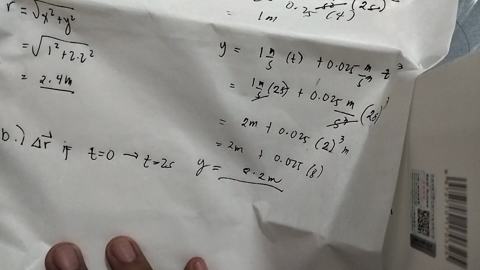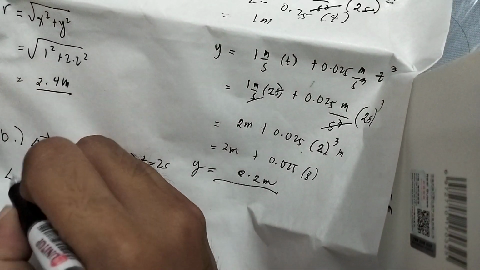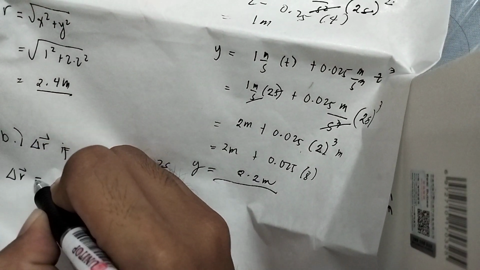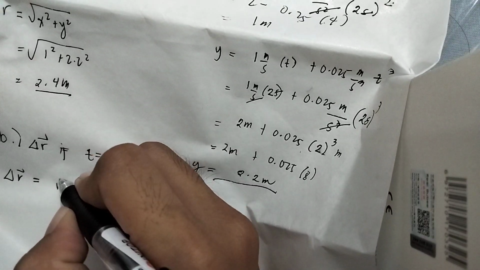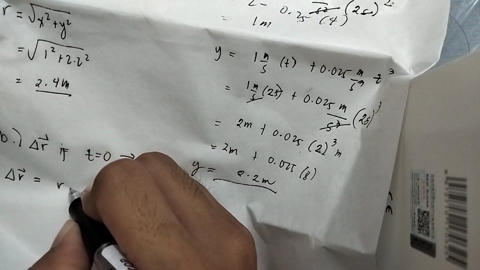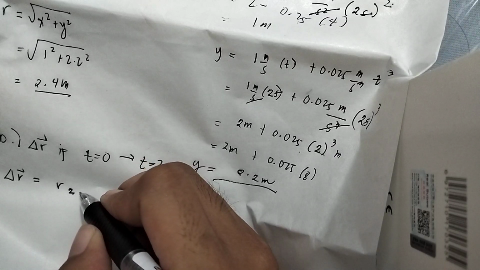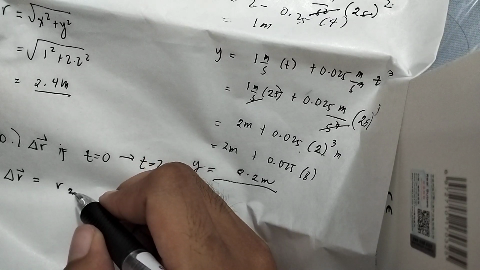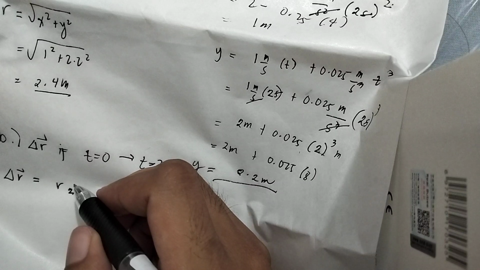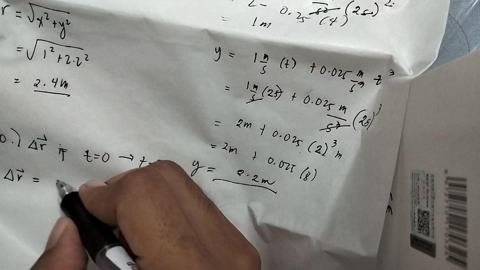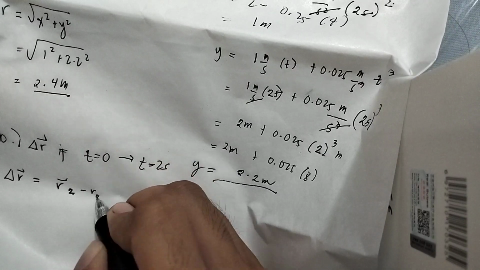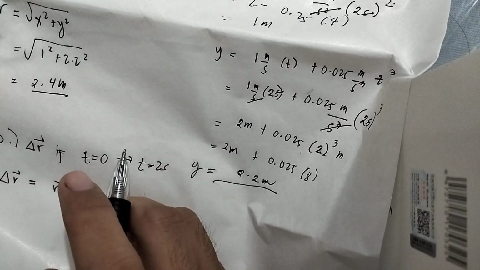So, how are we going to do that? So, delta R, stick to the same process. R2 minus R0. Kani-indicate lang na to ang time.